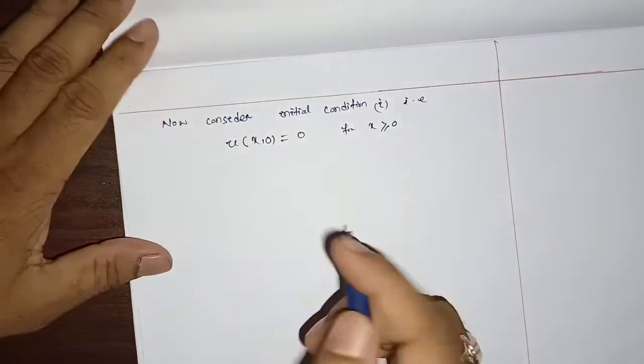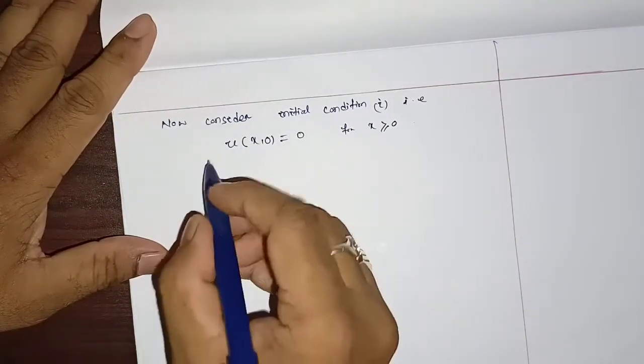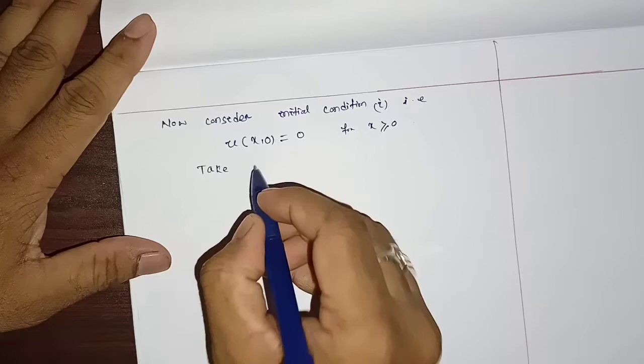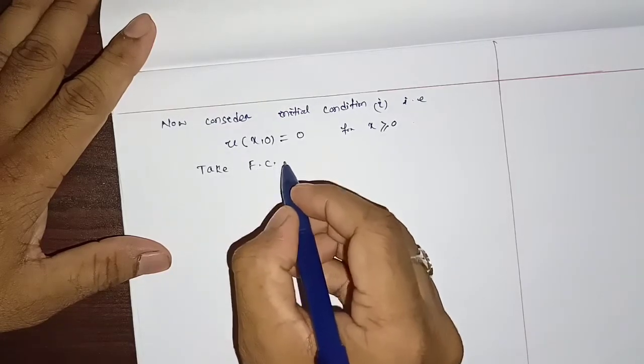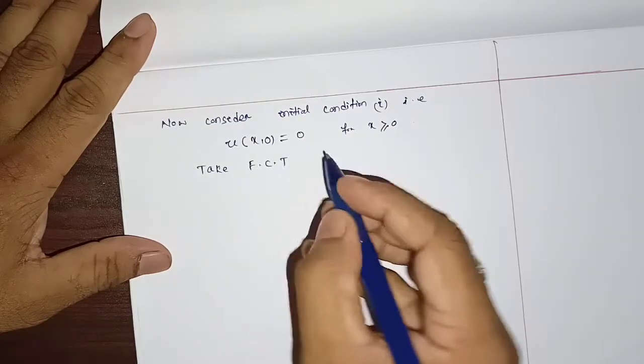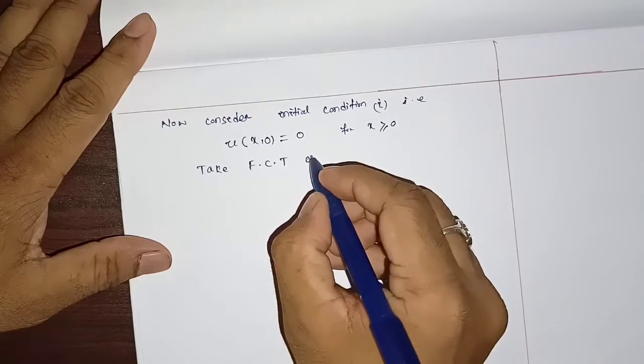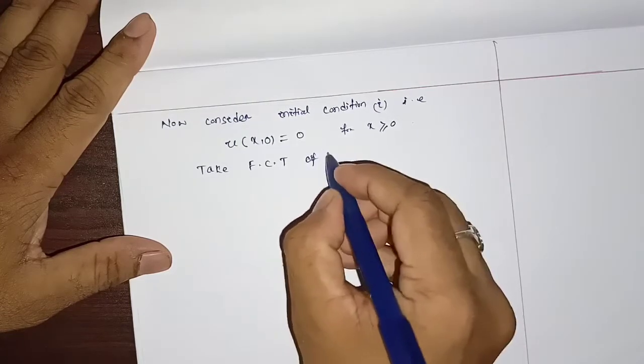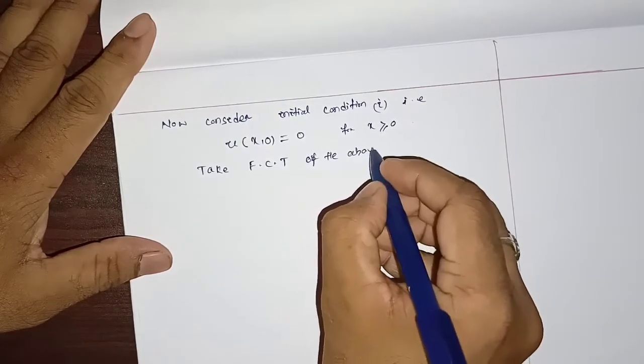Okay, now we are going to take the Fourier cosine transform on both sides. Take the Fourier cosine transform of the above equation.